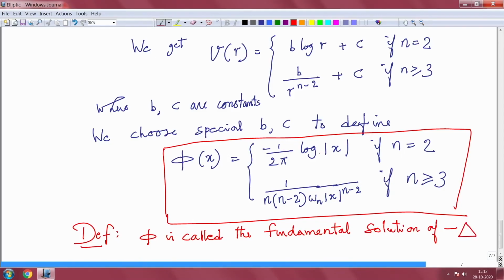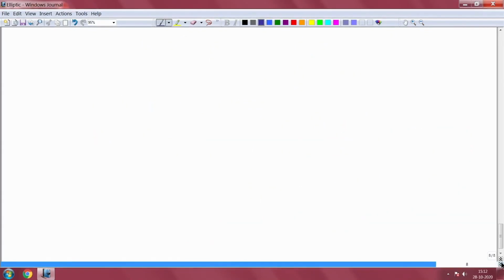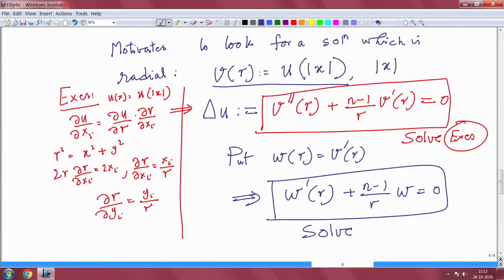Right now both are positive when x is small, that is where the singularity is. Let me go to the previous page. If you look at it, you started by looking for a solution of minus Laplacian of u equal to 0.